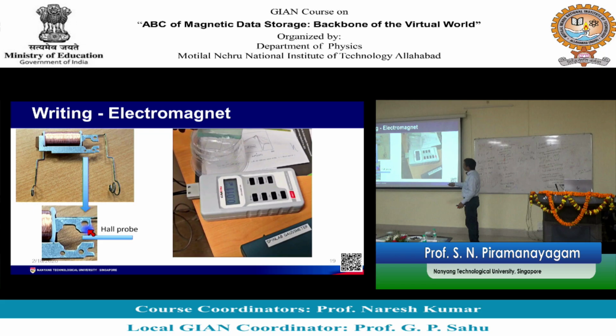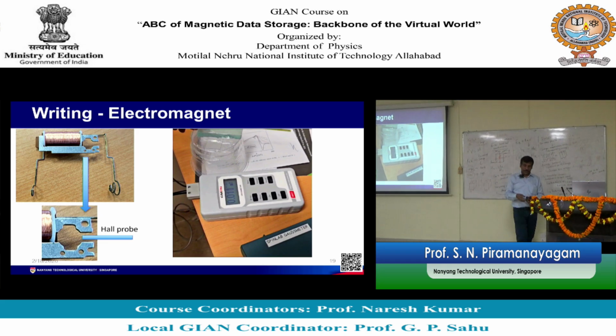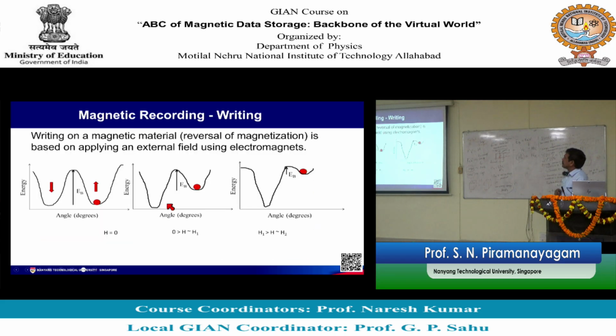It will go this way. So I am reading the magnetic field here. You see, by sending some current through the coil, we can produce a magnetic field. With this magnetic field, we can write information. With that magnetic field, you can flip the direction from north to south. That's what we do. So writing is carried out using an electromagnet.